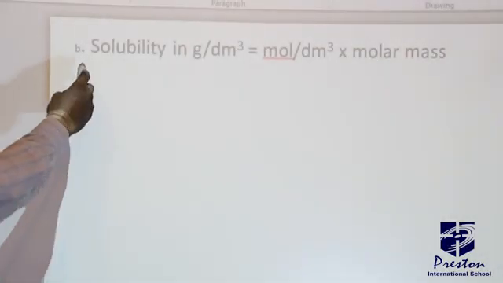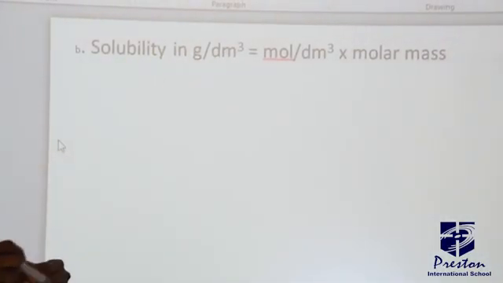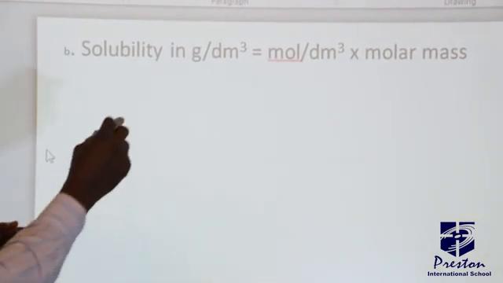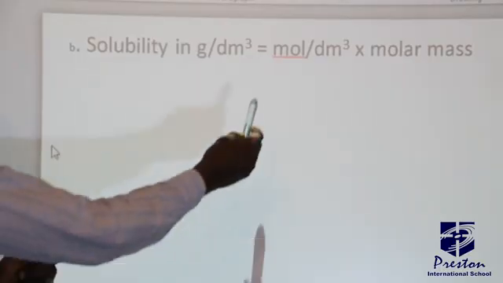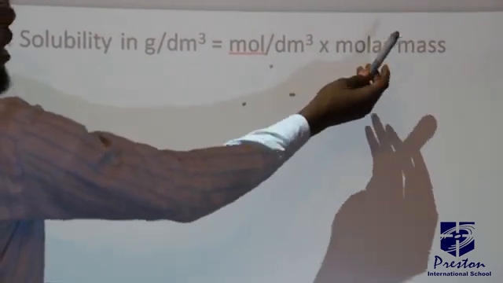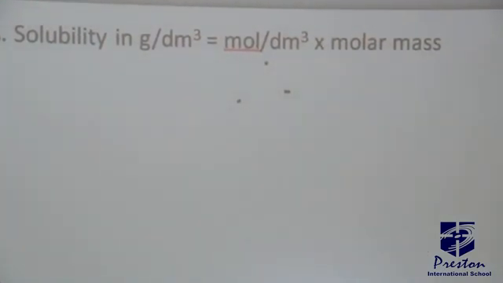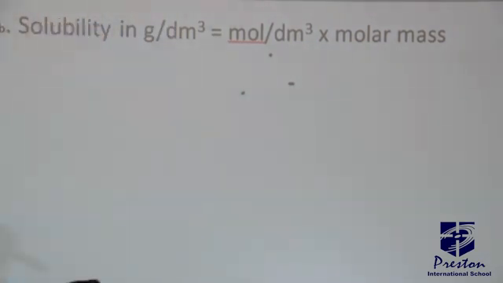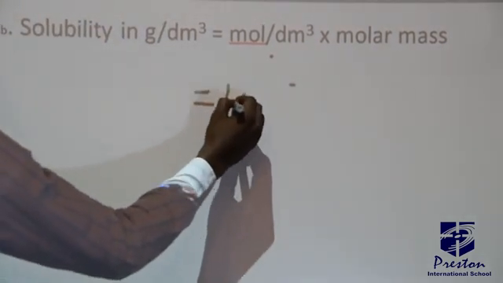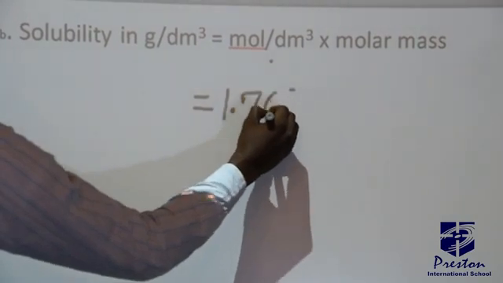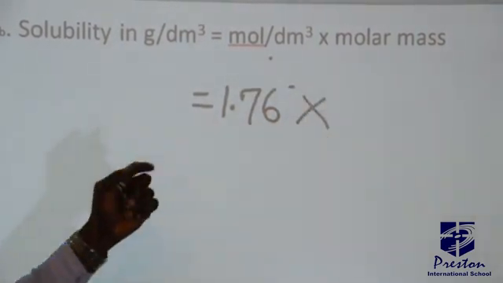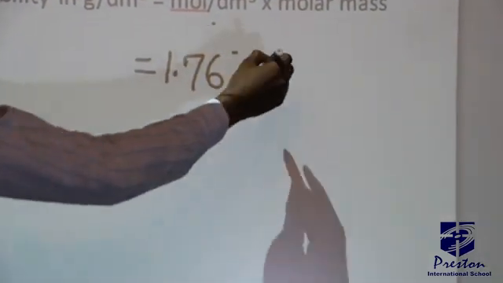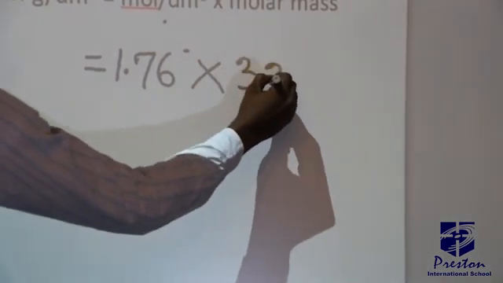Yes, this is option B, solubility in grams per dm cube. And don't forget, this is also the use of a formula: solubility in mole per dm cube times molar mass. But mind you, the solubility in mole per dm cube is what we got the other time in option A, which was 1.76, then times the molar mass of the solute that has been given to us, 331.